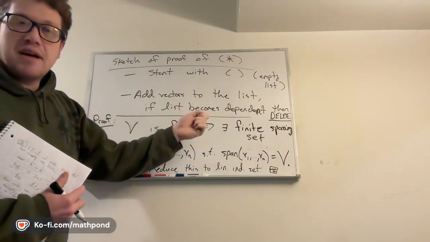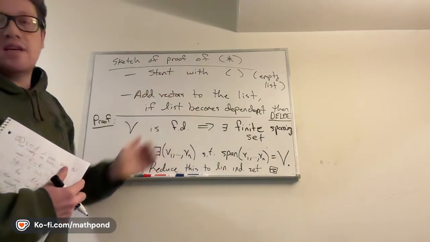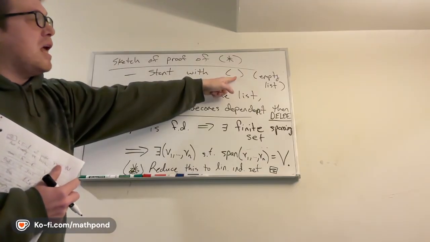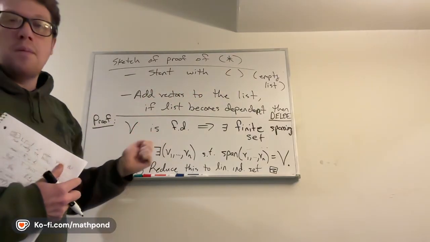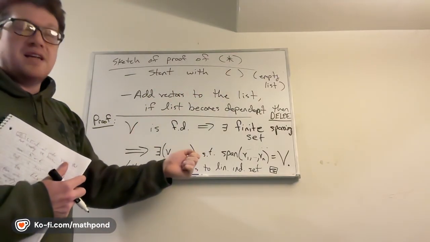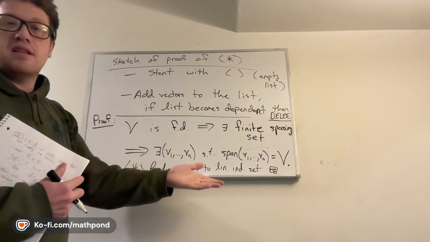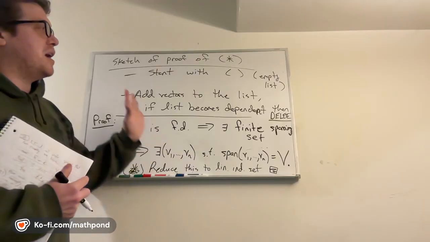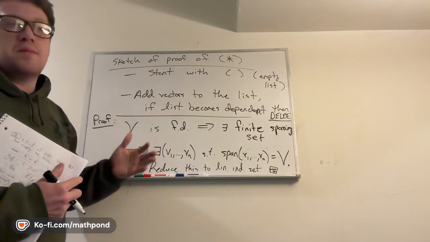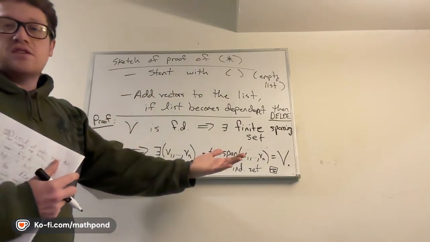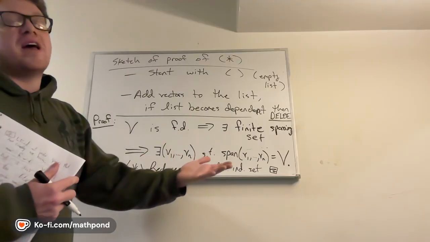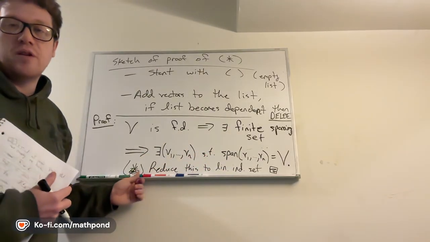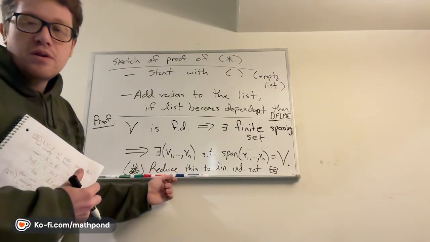Every time you add a vector, if the list becomes dependent, you delete that vector. So the original list is linearly independent, and I'm only adding vectors if it remains linearly independent. So the list at the end of the day will be linearly independent. And then you have to go through an argument, which I didn't write, about why this reduced list still spans all of V. Because we got rid of some vectors, so maybe we span a smaller space, but that's just not true.